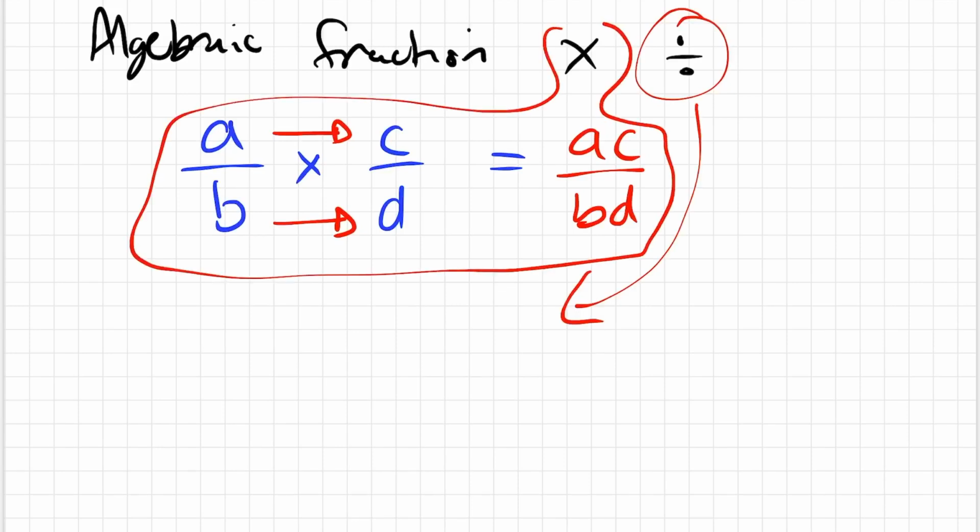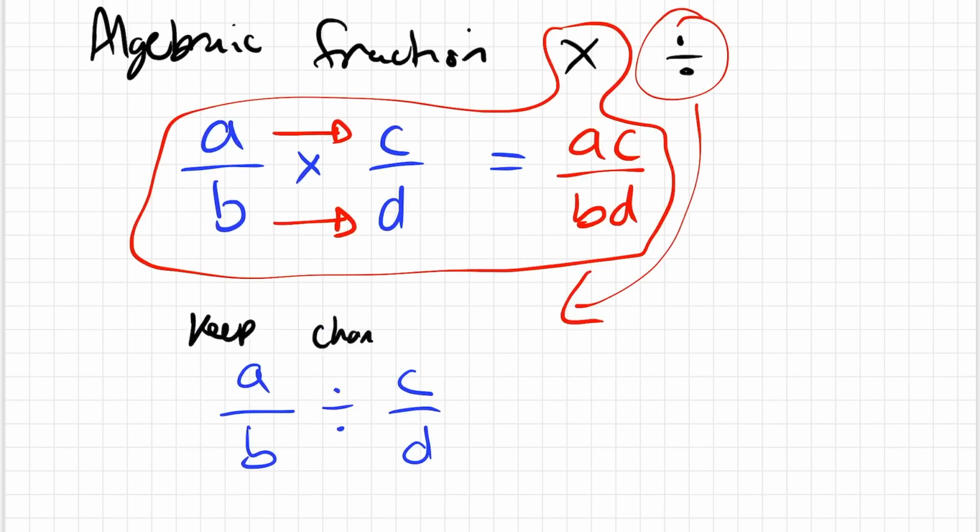So let's look at an example of division. This was my multiplication. If we have division, to divide a fraction, we multiply it by its reciprocal. So let's take the same variables. We have a over b divided by c over d. So we're going to do something that you may have done a long time ago, which was keep, change, and flip. Okay, and the flip is basically the reciprocal.